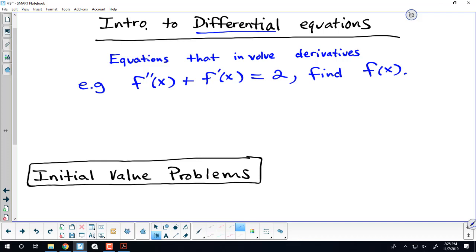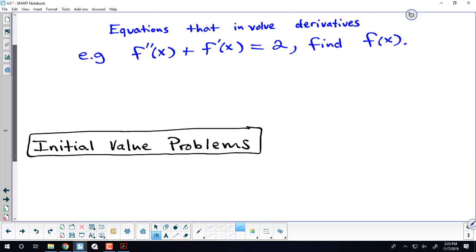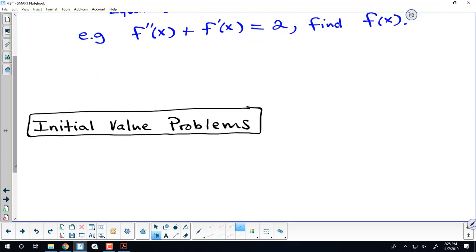Ours are a little bit more straightforward. Differential equations is just an entire field of math all on its own, just because there are so many different ways to solve them. They are very complicated, but we do look at a really specific type of one here that we call initial value problems.